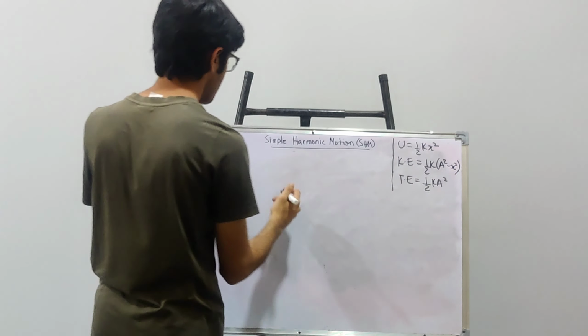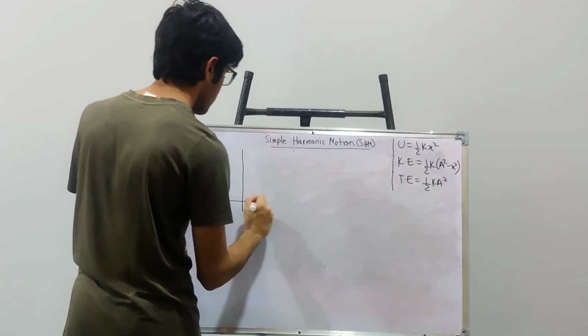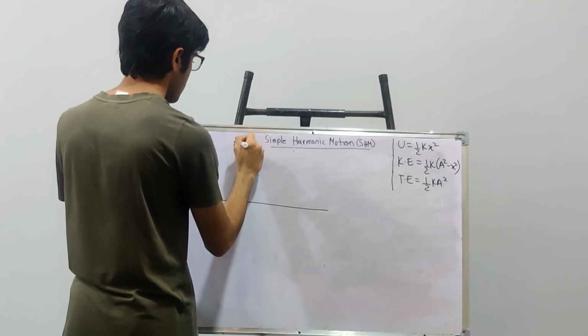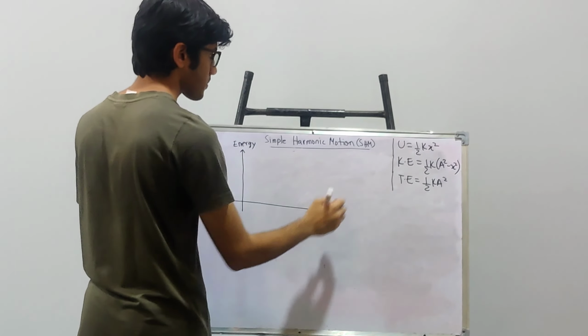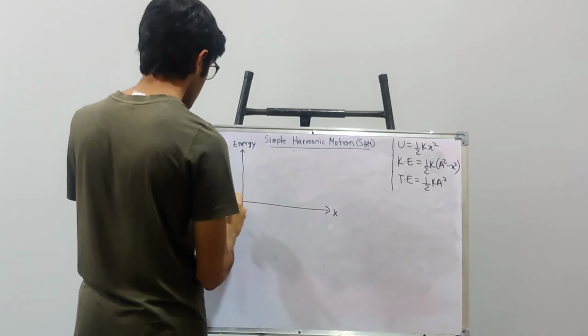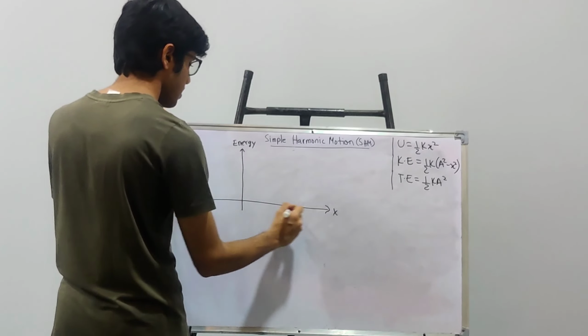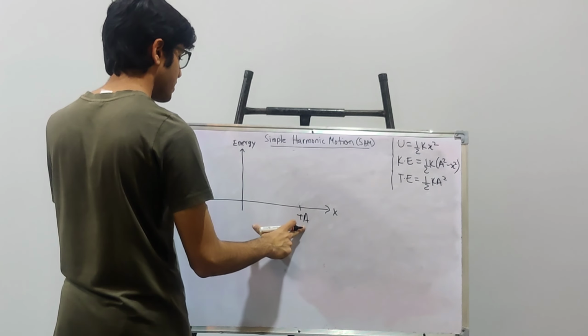X is the displacement. So when we draw the graph with respect to the displacement, this is energy and this is x. Let's say this is minus a and this is plus a. These are the maximum values of x which we can get.